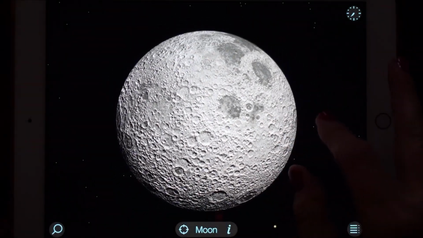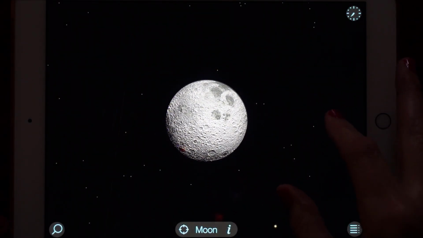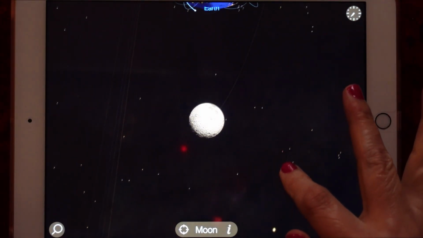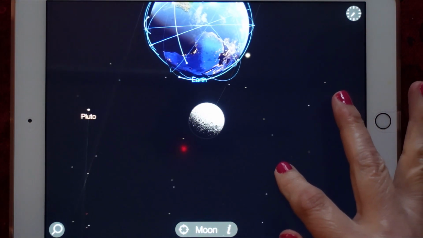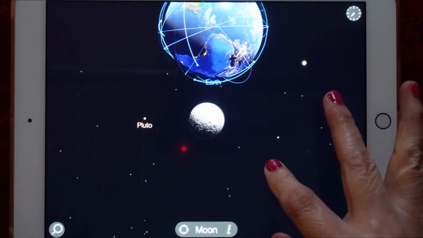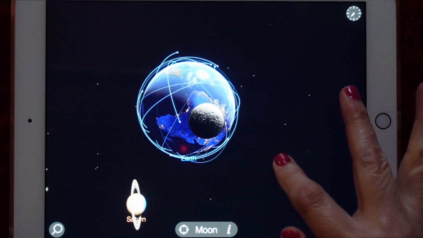Okay, let us find something else. There's little Pluto in the distance.